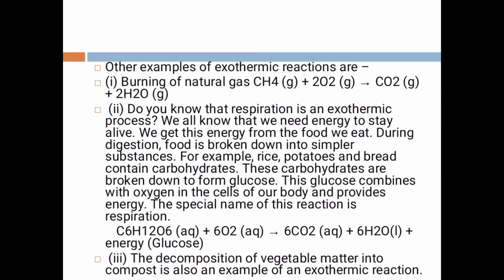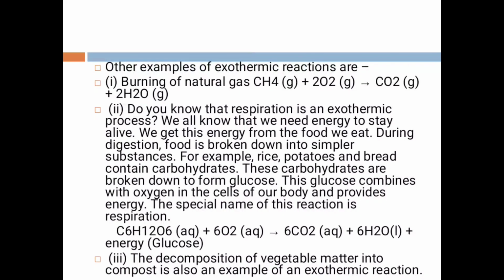Now this glucose, which is produced as a result of breaking the carbohydrates that we consume through our food, combines with the oxygen which is present in the cells of our body, and it will give rise to energy. This energy will be utilized by our body to perform its various functions, and the special name given to this kind of reaction is respiration. And the chemical equation of respiration is C6H12O6 plus 6O2 giving rise to 6CO2 plus 6H2O plus energy.